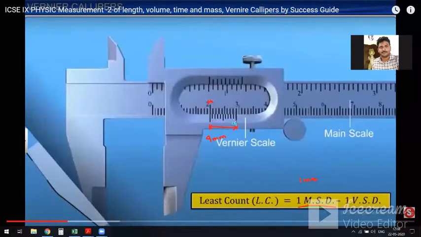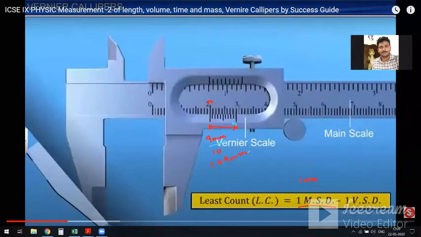How can we find it? We divide the total 9 mm by 10, the number of divisions. 9 mm upon 10, how much is it? 0.9 mm. I hope you understand. I am taking enough time to make you understand how we calculate least count.